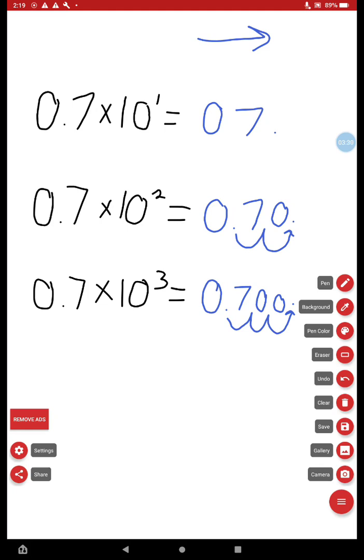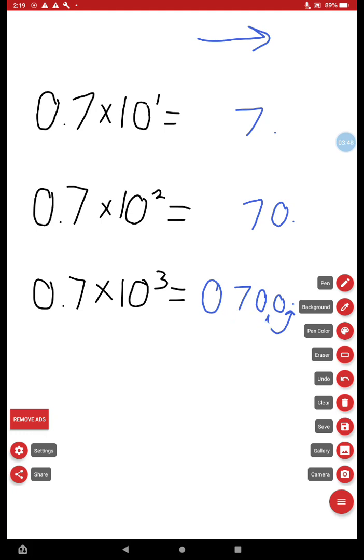Hey, if I erase that first 0, I clearly see it's a 7. Down here, erase the arrow. 0.70, that's kind of hard to see. Oh, erase that 0. Now I see it's 70.